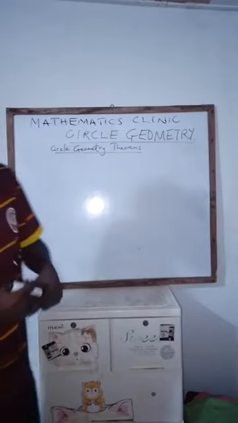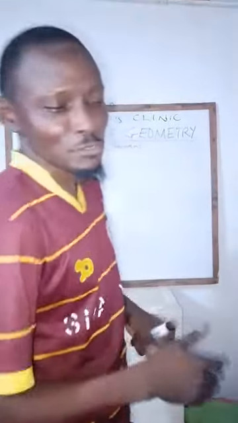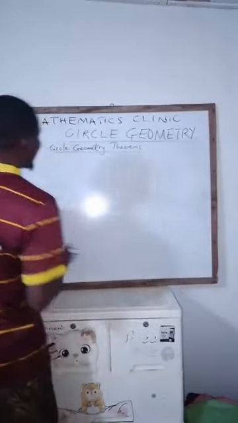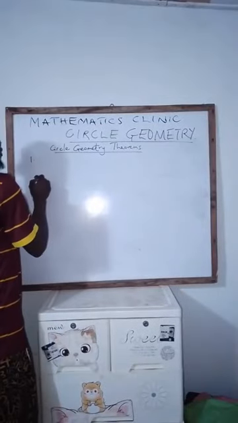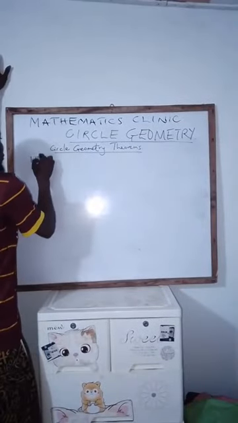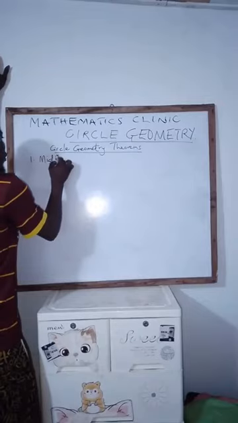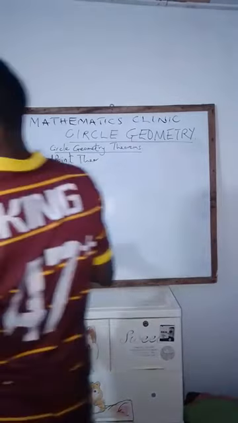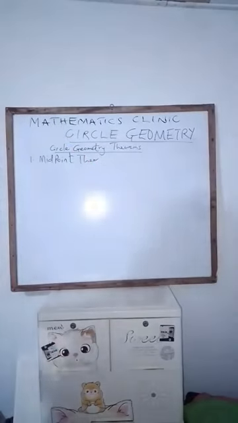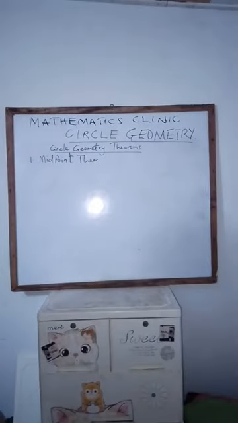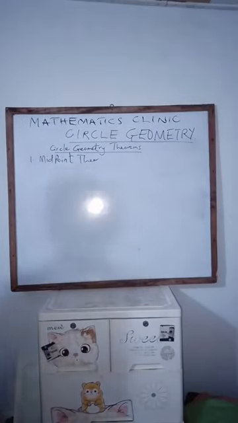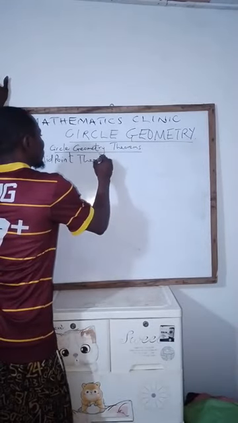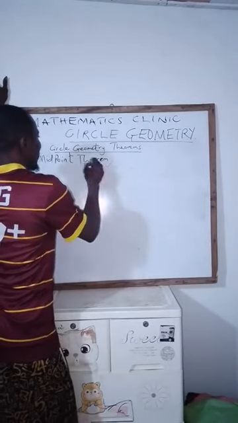There are 7 musketeers, like I call them. 7 theorems to master. The first among those theorems is theorem number 1. It is called the midpoint theorem.